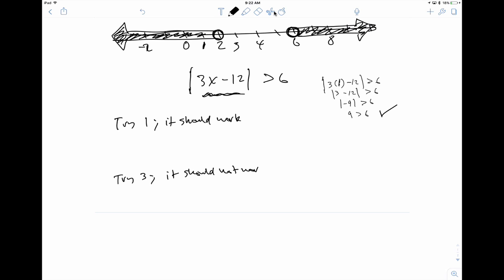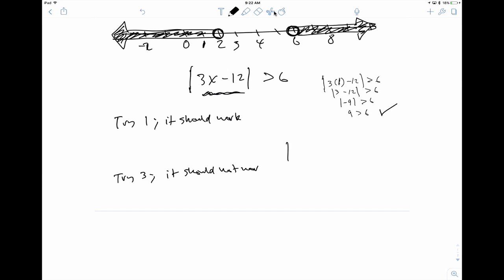Now let's try something that shouldn't work, which is the 3. So the absolute value of 3 times 3 minus 12, greater than 6. The absolute value of 9 minus 12, greater than 6. 9 minus 12 is going to give us a minus 3.